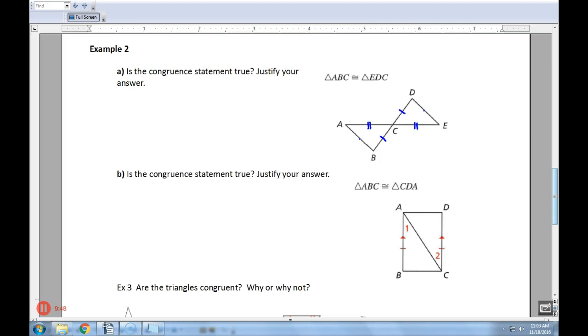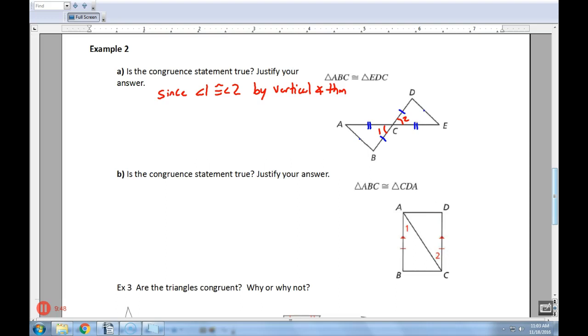And I know that this angle right here and this angle right here have to be congruent to each other. Maybe I'll just call it angle 1 and angle 2. All right. So since angle 1 is congruent to angle 2 by vertical angles, okay, we have a vertical angle theorem that says 1 and 2 have to be equal.